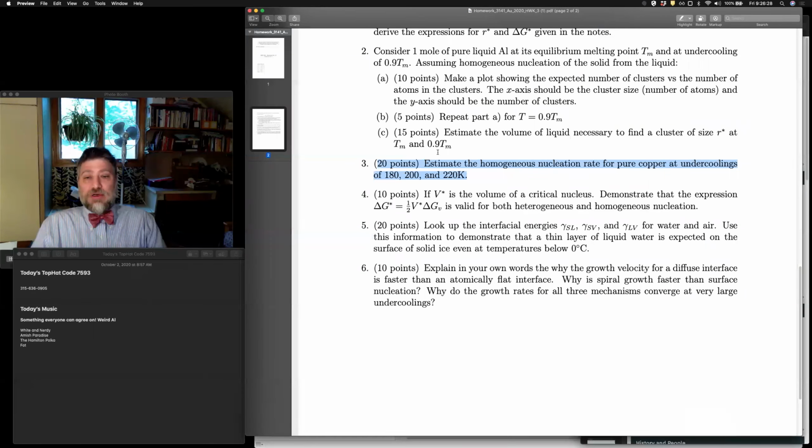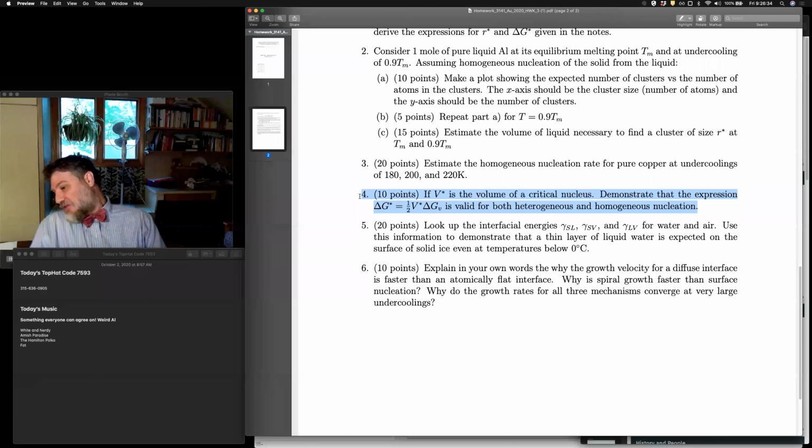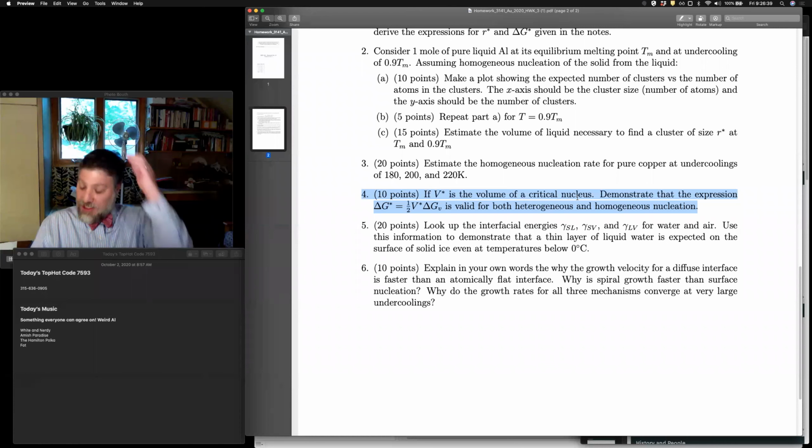Okay, so question 4. This one, I'm making a decision. I'm going to make this question extra credit. Not because it's conceptually very difficult, but I worked it out last night the long way, and I did this as a student, and that was the last time I worked this out.